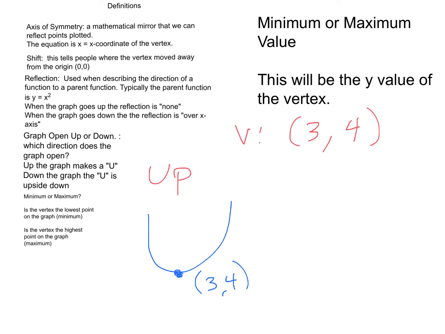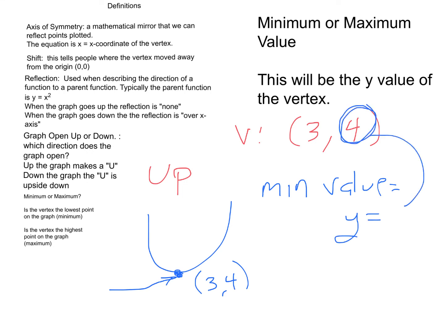So we would say this would be a minimum first of all, because again, it is the lowest point on my graph, and then the value would be the y-coordinate of the vertex. So I'm going to say y equals, and then grab this guy, and say y is 4. And there is your minimum value.